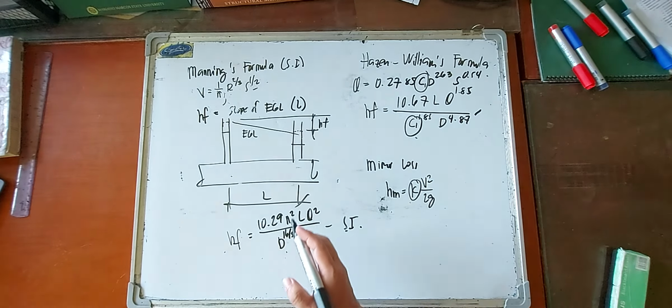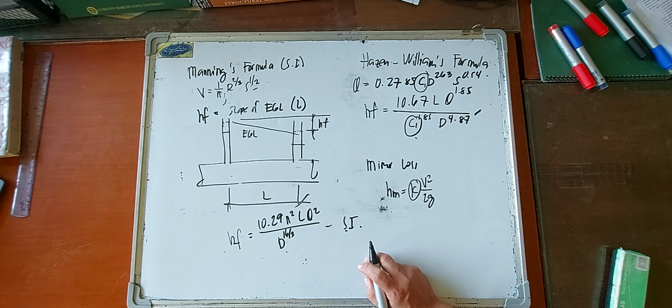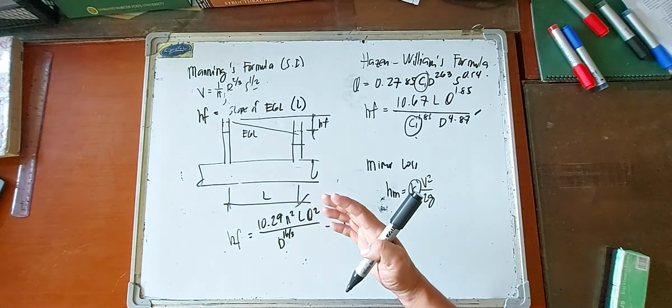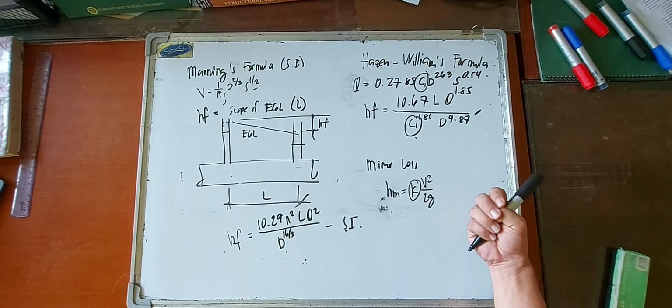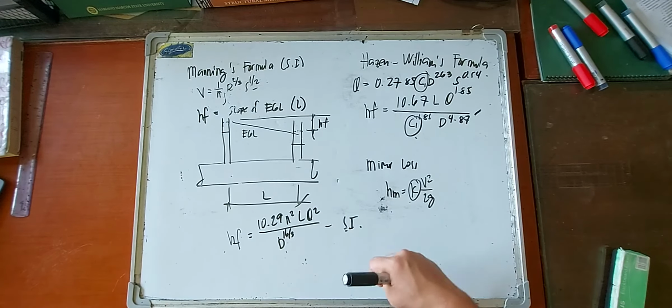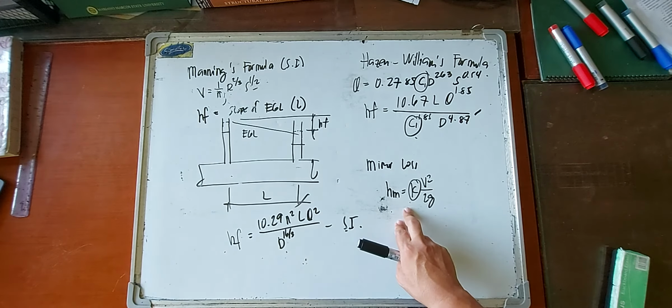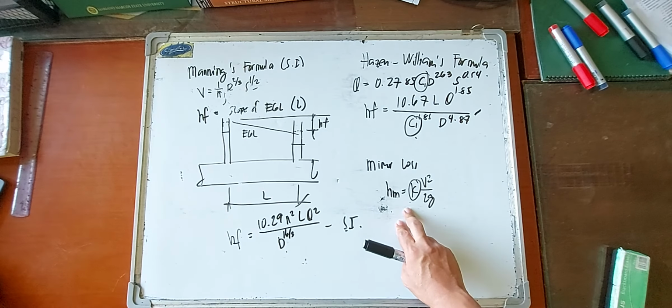Like for example, pag merong change in velocity, may sudden contraction or sudden enlargement or something like that, then there's a corresponding K for that. No, I think I have also put that in your modules.